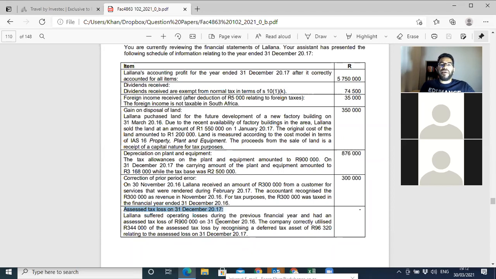So we need to see how we're going to deal with that. There's an impact last year, and that's going to have an impact this year as well. They say the company correctly utilized 344 of the assessed tax loss by recognizing a deferred tax asset of 96,000 relating to the assessed loss on 31 December. Should be 2016, but okay.